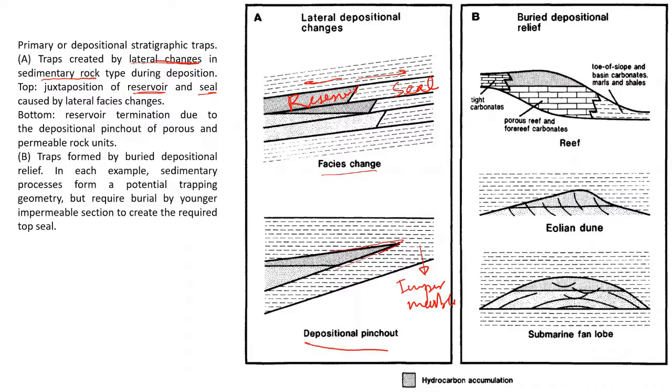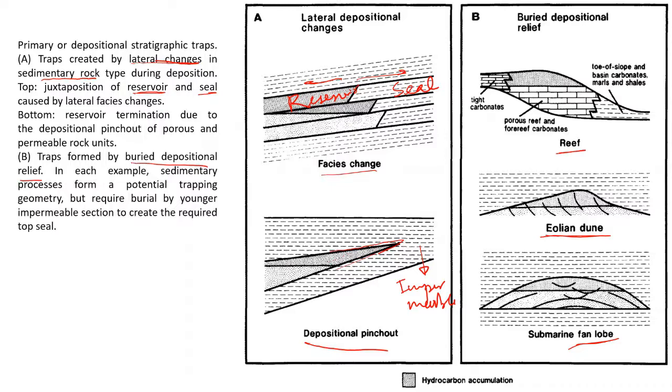The second is the trap formed by buried depositional relief. Here there is a reef structure on which the sediments are getting buried, and they form the traps. So here you can have a reef, you can have an aeolian dune, and you can have a submarine fan lobe, where the porous and permeable strata, which is the reservoir, may be sealed by the overlying or laterally adjacent impermeable strata.